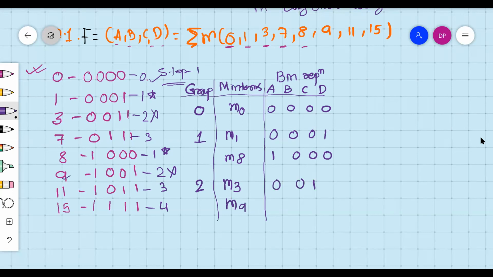M3 means 0011, M9 means 1001. Then group 3: M7 and M11. M7 means 0111 and M11 means 1011.